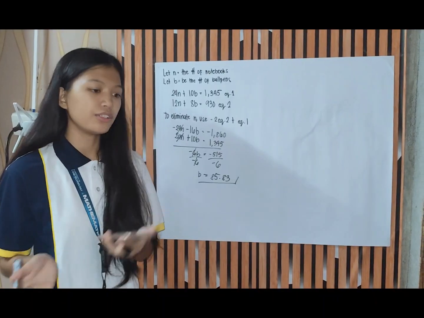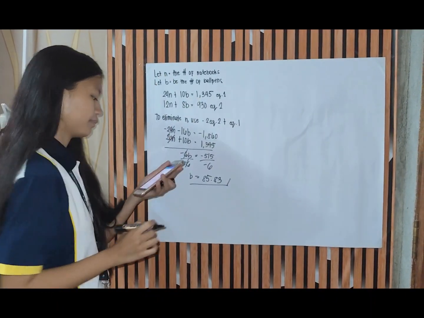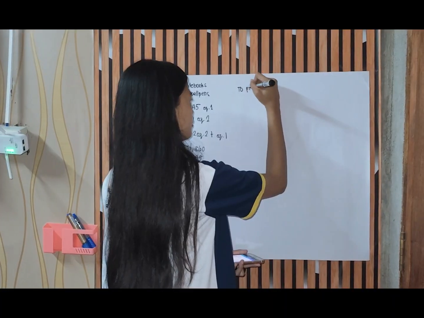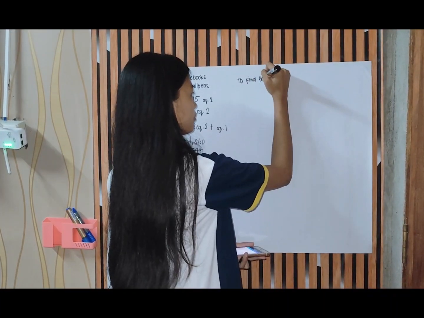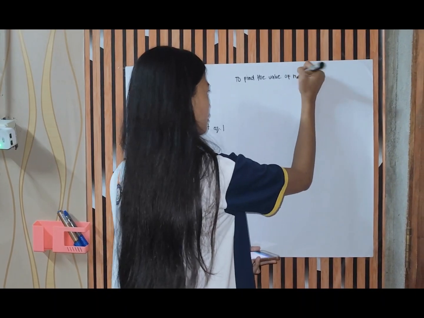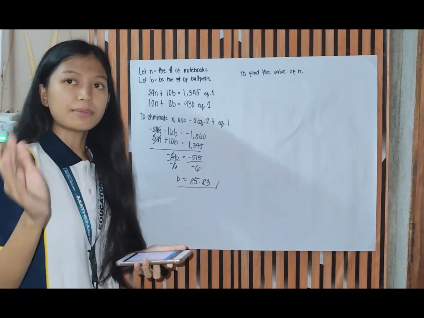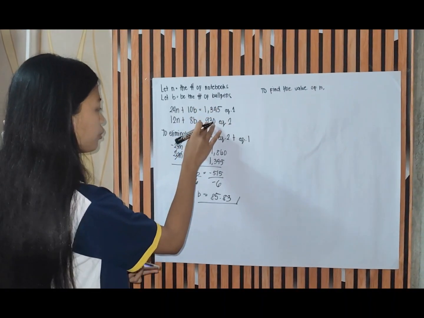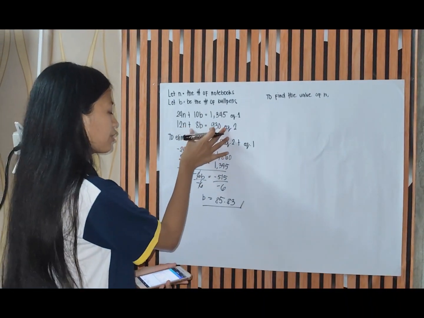Now to find the value of n, substitute the value of b in either equation 1 or 2. But here, we can use equation number 2.